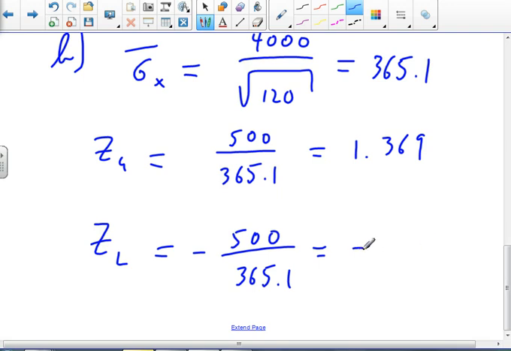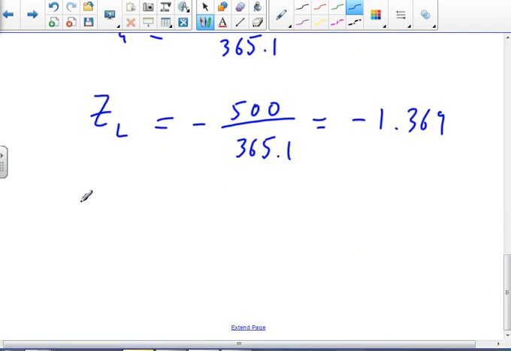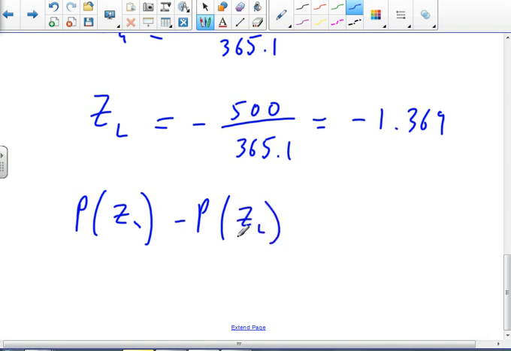I'm going to get the same number. All right, so I want to get the probability of the upper z, and then I'm going to find the probability of the lower z, and then I'm going to subtract those two to find the probability in between.